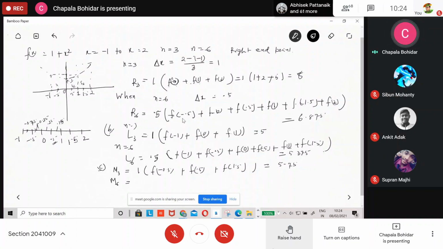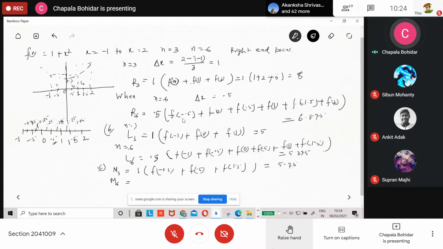Then 1.25, then 1.75. All of it is clear by considering this.